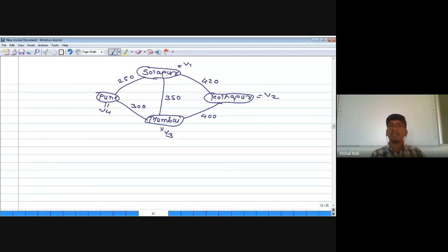So there are four vertices in this graph, that is, the vertex set of this graph contains four vertices, V1, V2, V3, and V4. Now here the edges of this graph are nothing but the distance between two cities.